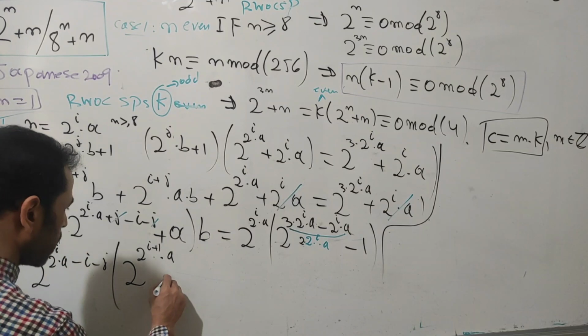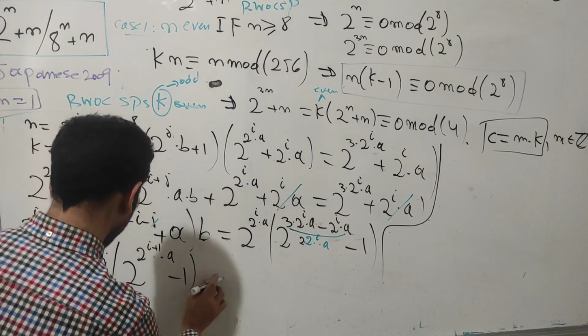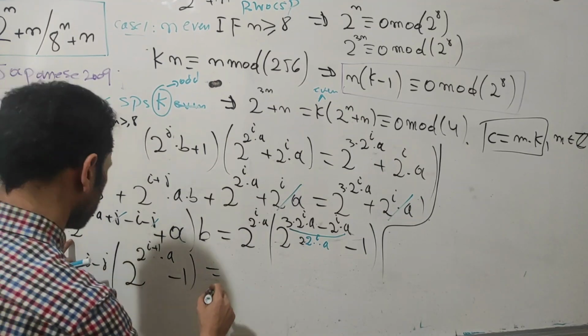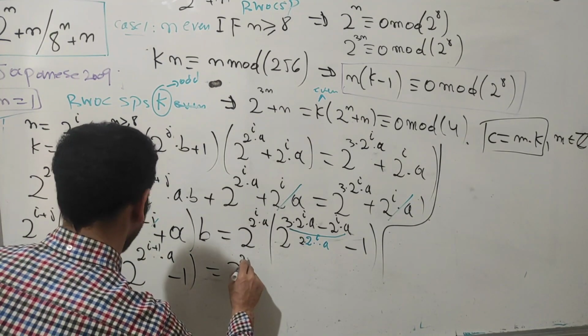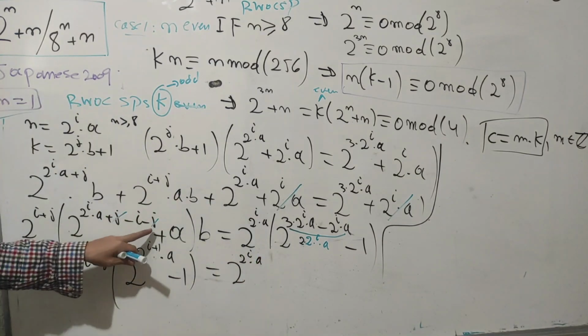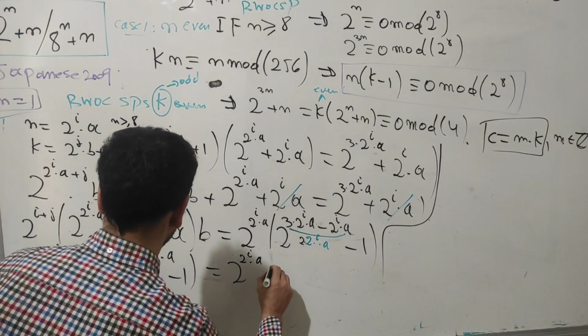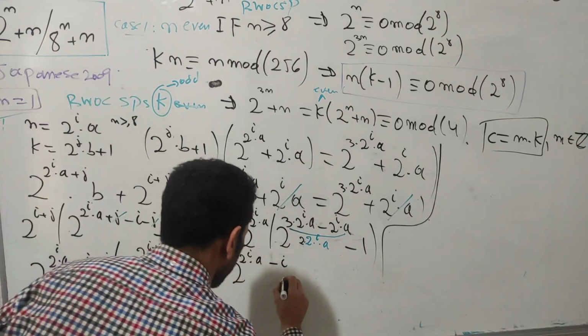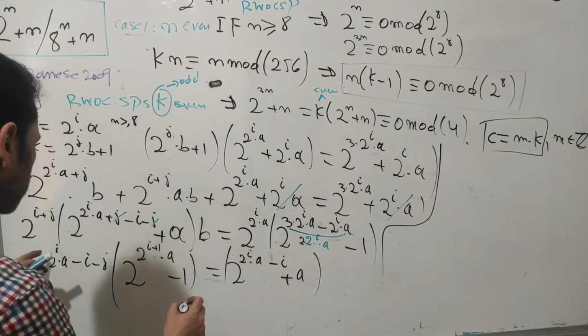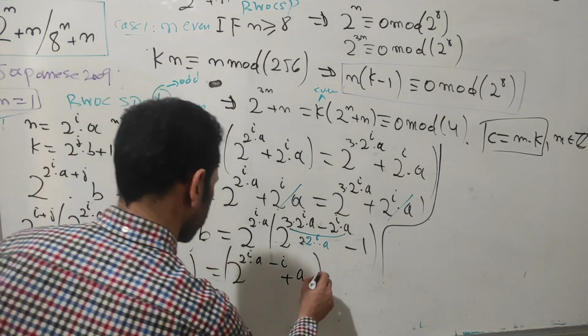Okay, minus number 1, which equals this term. This term is going to be 2 to the 2i multiplied by a. This j was cancelled out, minus a plus a. It's everything multiplied by b.